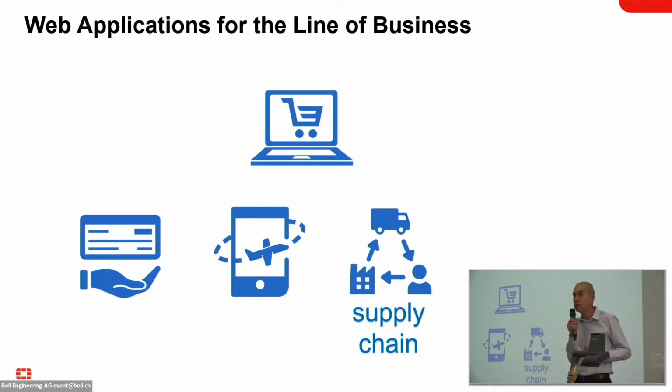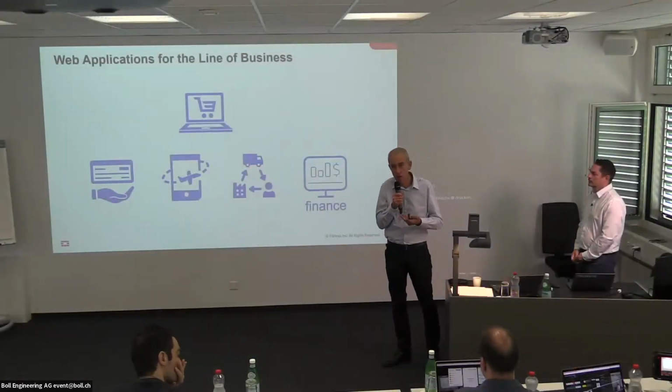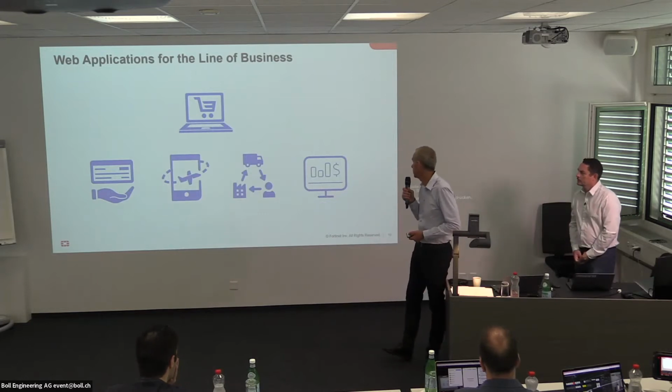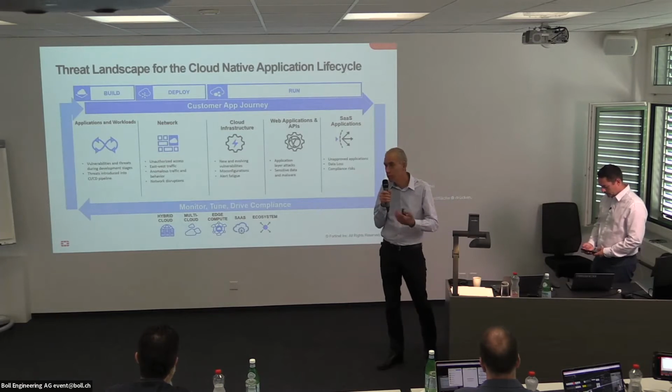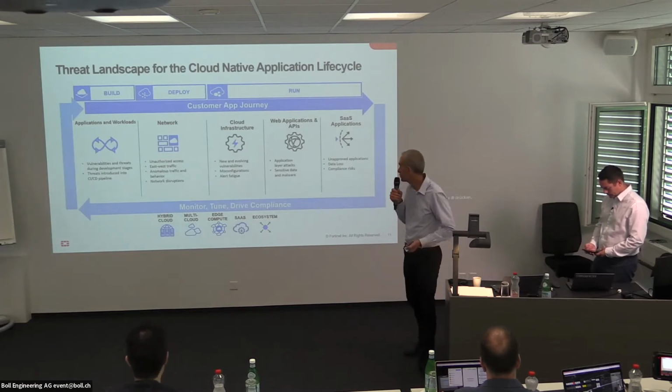As you know, supply chain is becoming more and more critical now, so more and more customers are developing web applications there also. Obviously, finance is becoming all public mobile and web application, and we are looking at a complete transformation of the entire enterprise ecosystem into web applications.